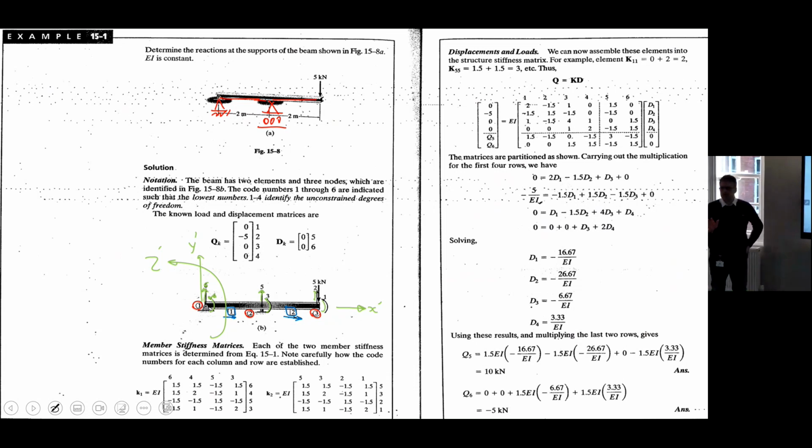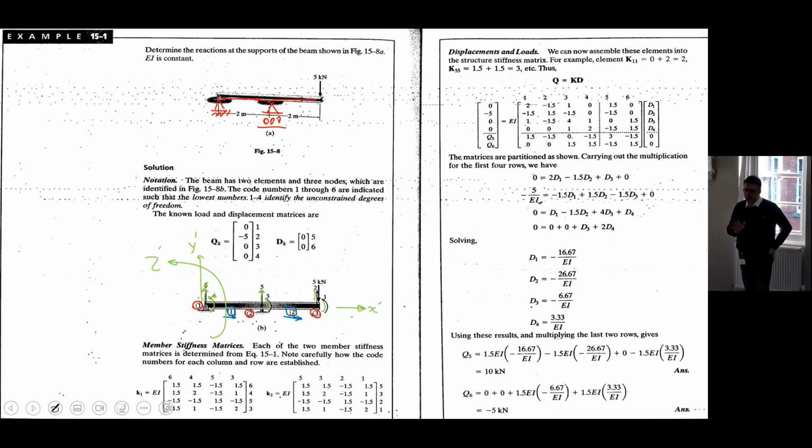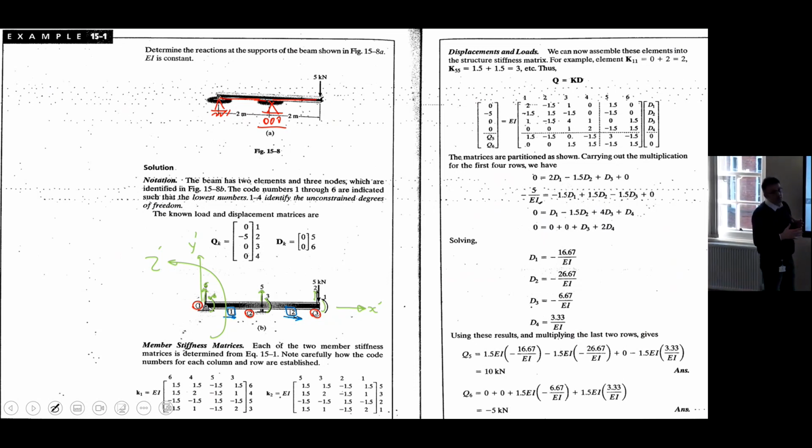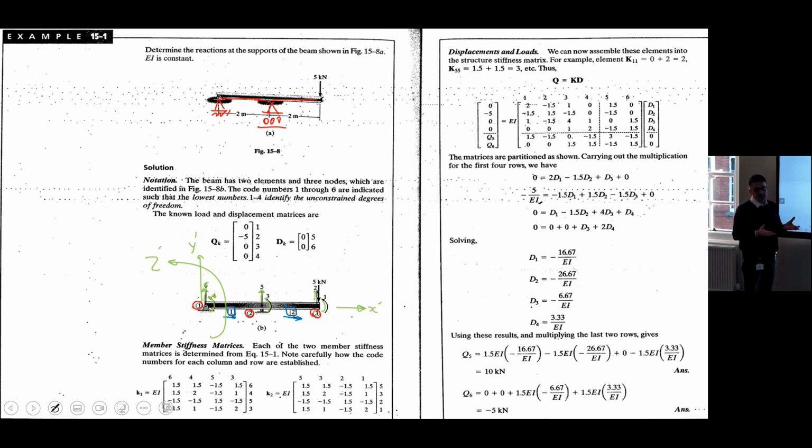And really it doesn't matter what kind of number you do, just number them from 1 to 6. Because we have 3 joints, multiplied by 2, you have 6 degrees of freedom. Or in other words, for each node, you need to have 1 vertical and 1 rotational degree of freedom, right? So we have 3 nodes, we have 6 degrees of freedom.